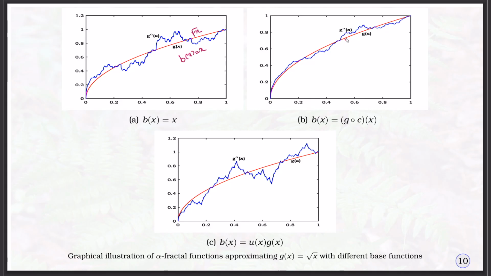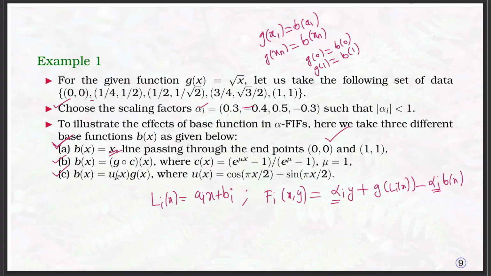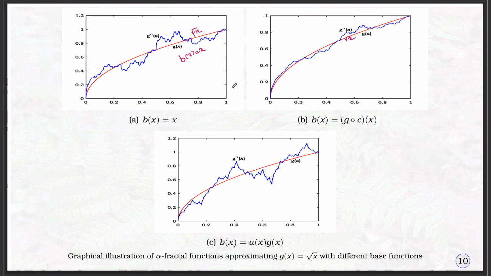Then the third choice, if you choose b of x as the product of u of x and g of x, where u of x is cos(pi x/2) plus sin(pi x/2), then one can get the alpha fractal function associated with root x like this one.